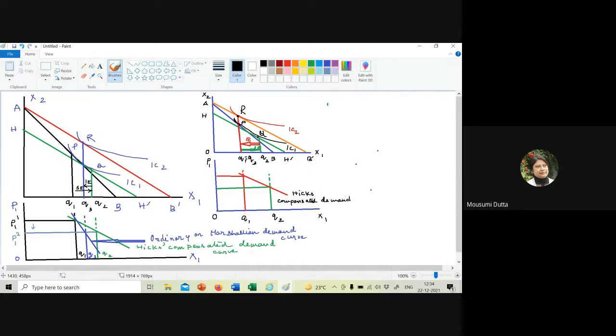Now, via the income effect, again we move back to Q1.